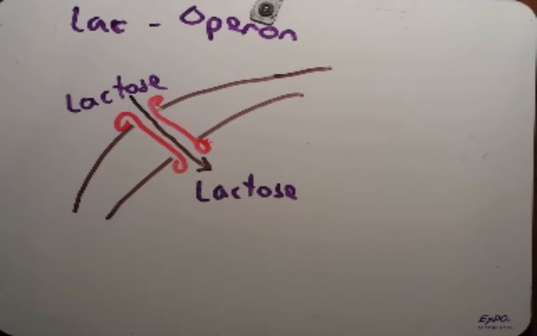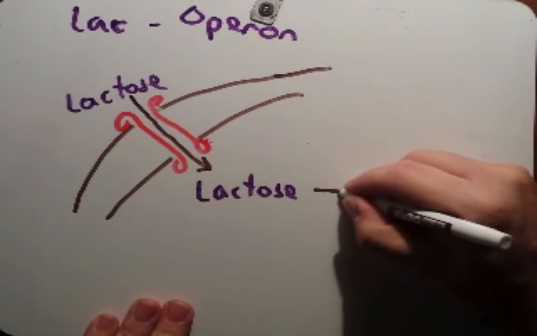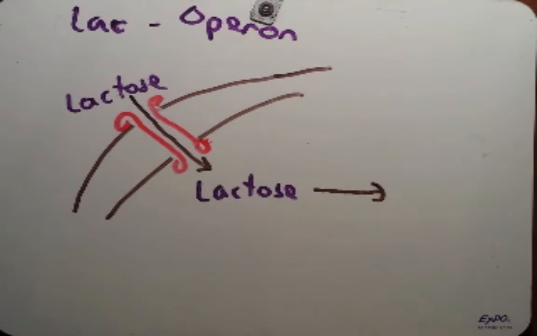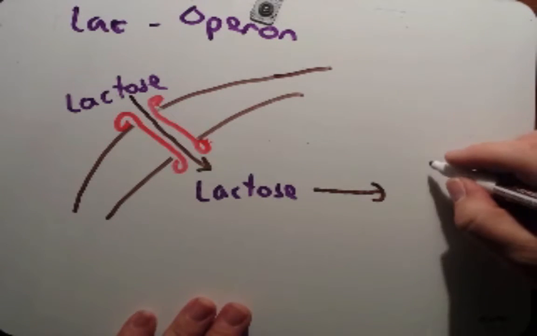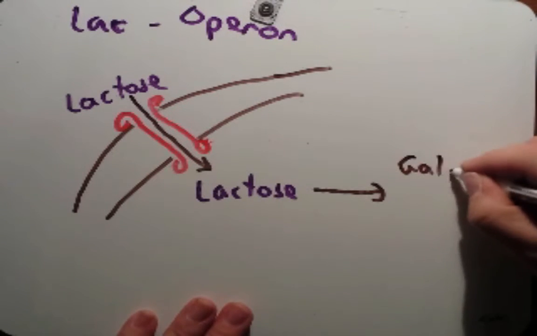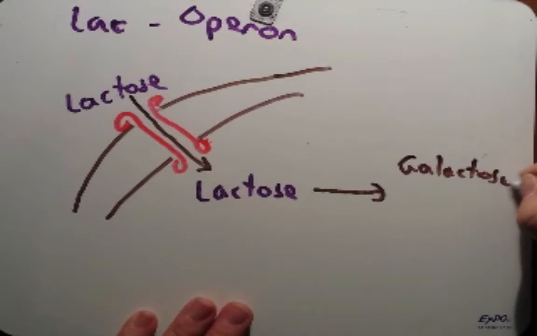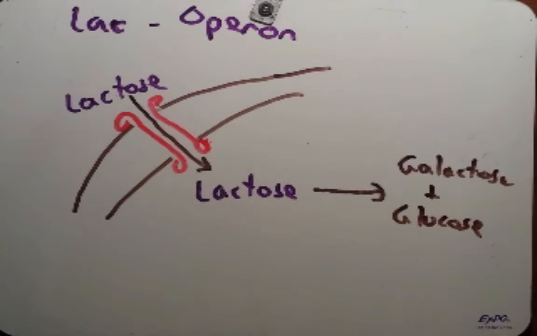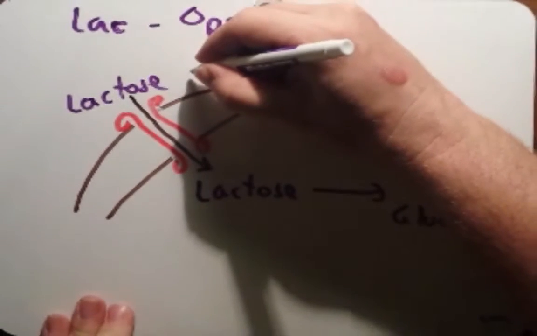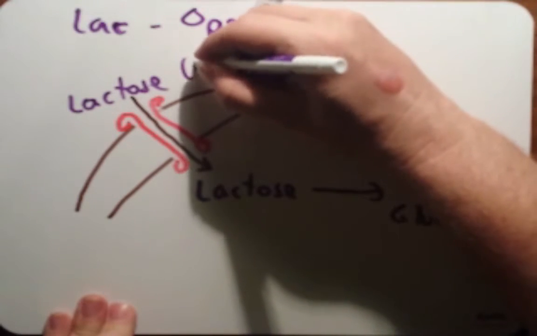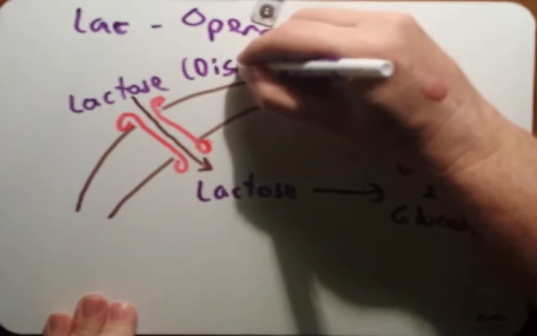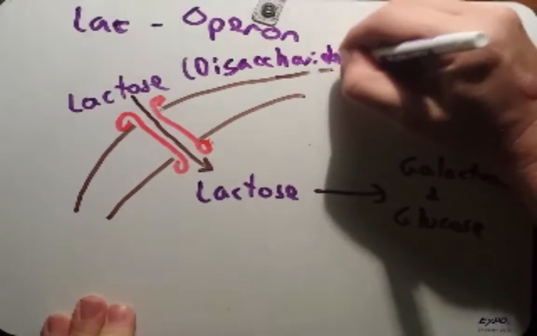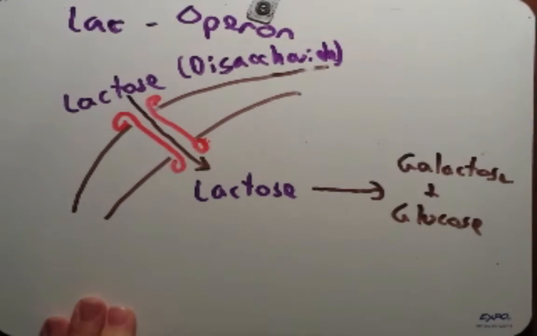Lactose could then be broken down into galactose and glucose. One thing I should have mentioned is that lactose is a disaccharide, meaning it contains two sugars attached to each other.